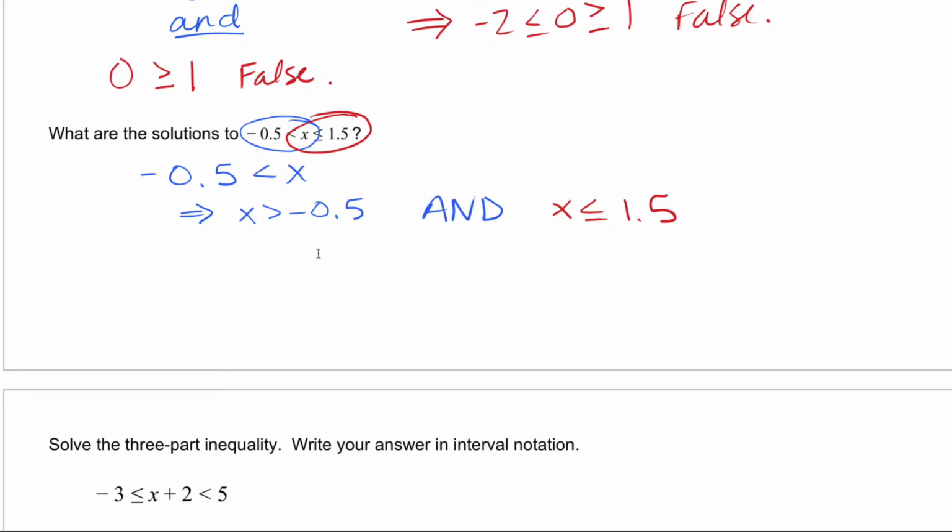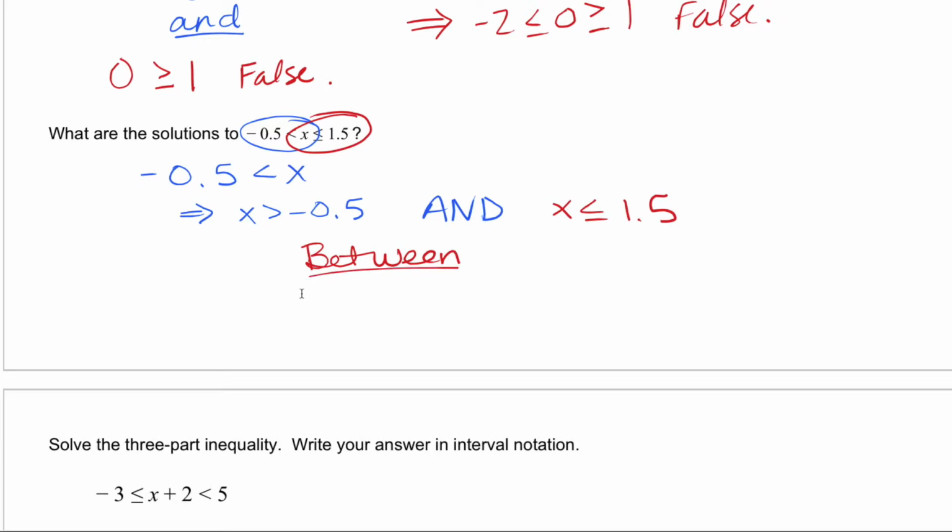So if we're looking for solutions, we want to know what all the x's are that are both greater than -5/10 and less than 1.5. Well, that's the region. Those are the x's that are between -5/10 and 1.5. So this three-part inequality is a way of writing solutions to x that are between -5/10 and 1.5. So we're going to use that word between.